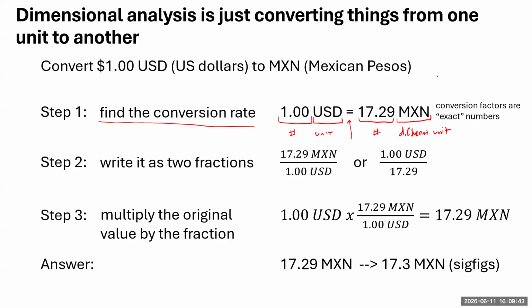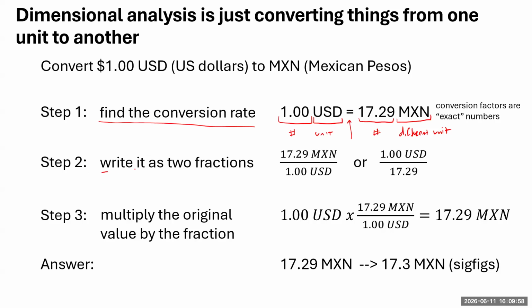And conversion factors are kind of exact numbers. So when we convert things, we don't count the conversion factors for significant figures. We use the other number, the number that we're trying to convert.